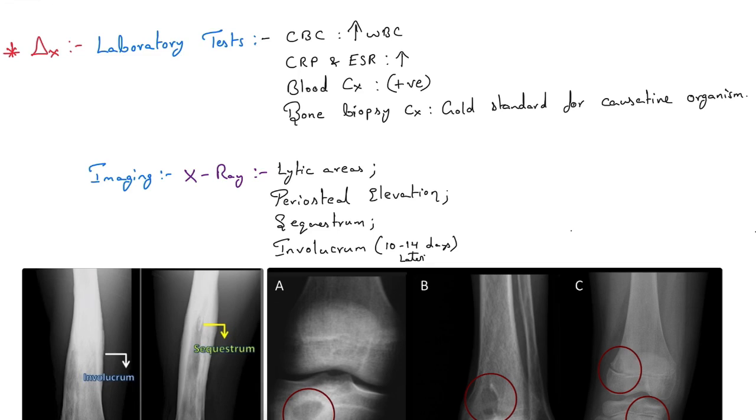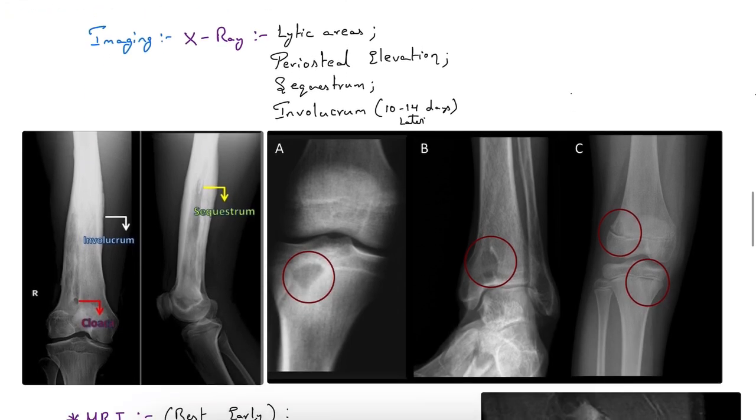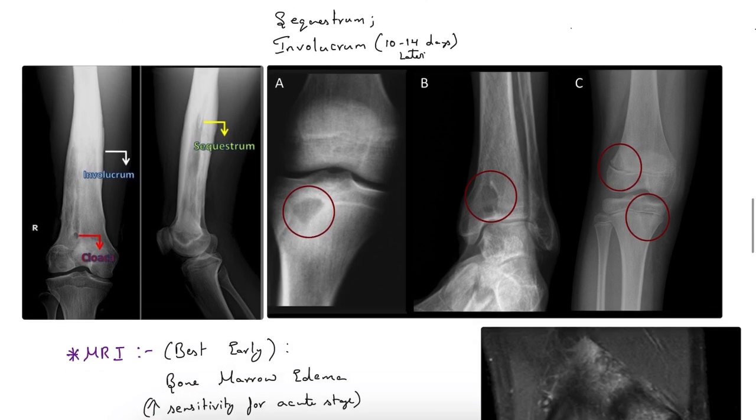Next, imaging. In X-ray, changes are mostly seen after 10 to 14 days, like periosteal reaction or bone lysis, breakdown of the bone, lytic areas and so on. In the first image you can see involucrum, which I said means new bone formation.